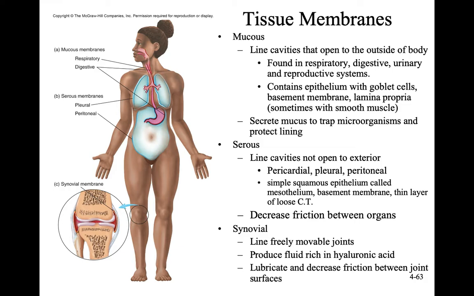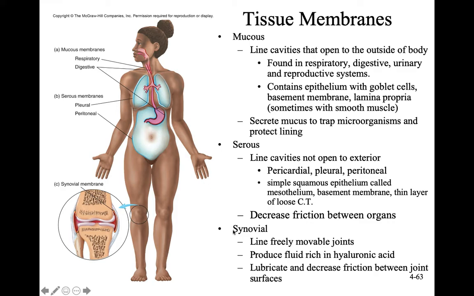This is actually made up of a simple squamous epithelium, and its big thing is it's actually going to secrete a very thin fluid that will actually decrease friction between adjacent organs, especially as the movements within these organs continue to take place. The lungs inhale, exhale, over and over and over many times a day. Same thing with the heart, pumping all the time, 60 to maybe 160 times every minute.